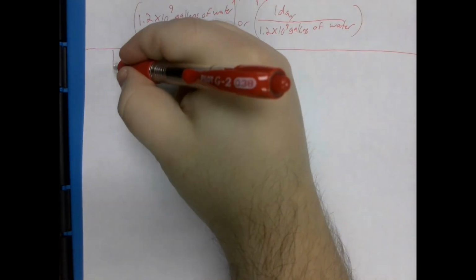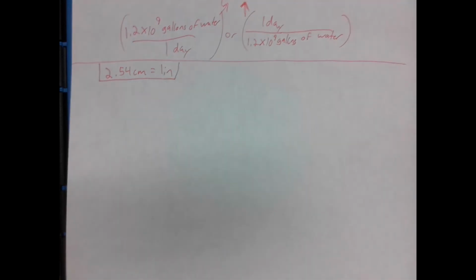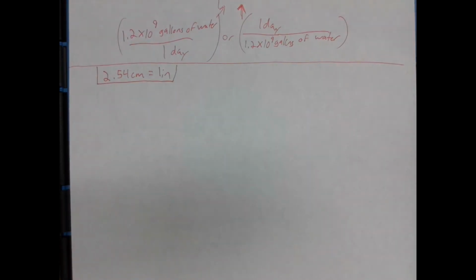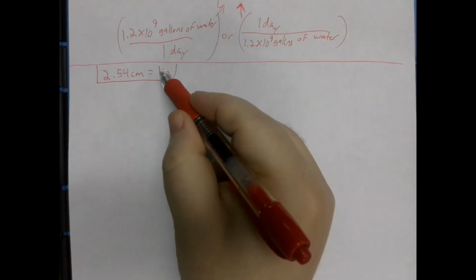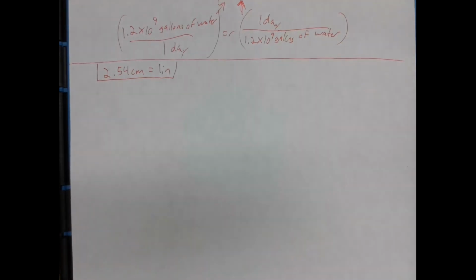This is exact, by the way. The U.S. is metric, even though we don't use it as people. We actually defined our entire units in terms of the metric. This is the definition of an inch: exactly 2.54 centimeters.